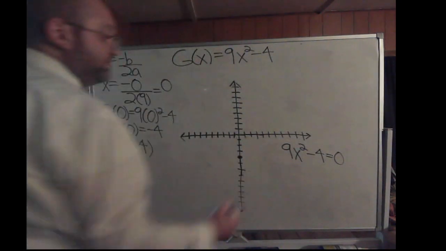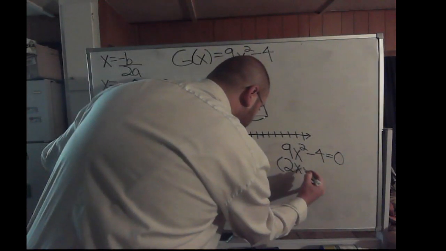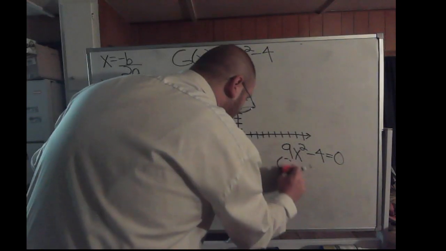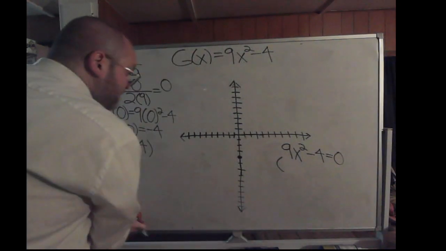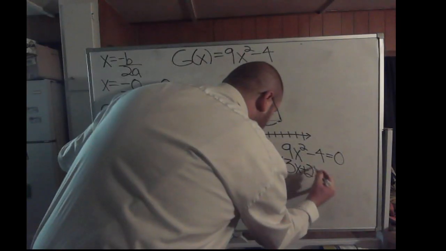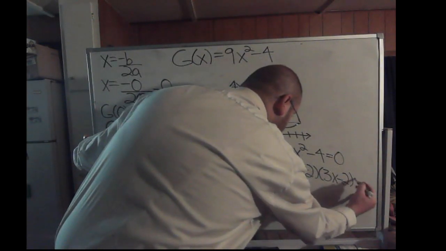Well, this is a difference of two squares. That'll factor into 3x plus 2 times 3x minus 2 is equal to 0.